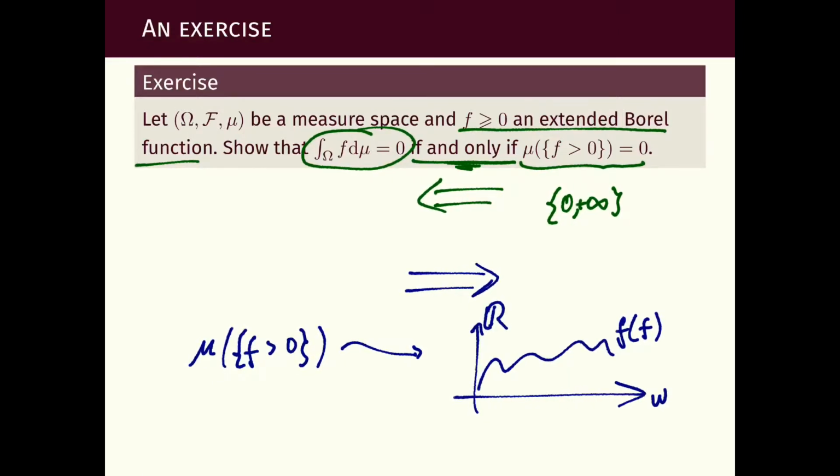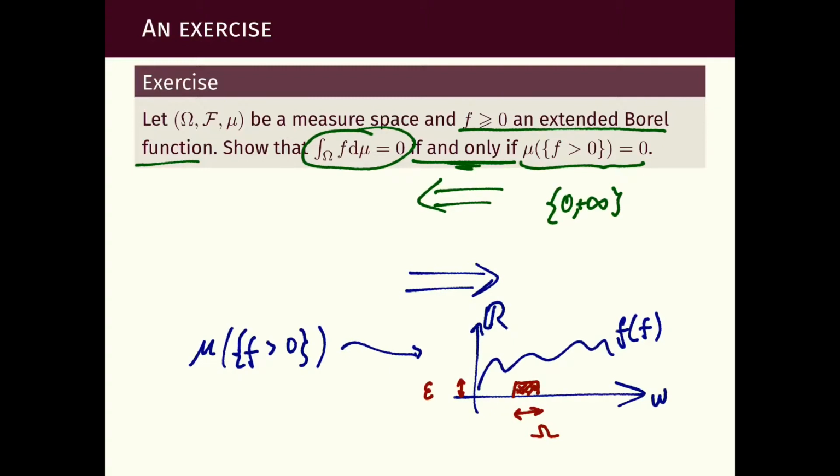We can find a small rectangle here whose measure on the space omega is positive and whose height is also positive.